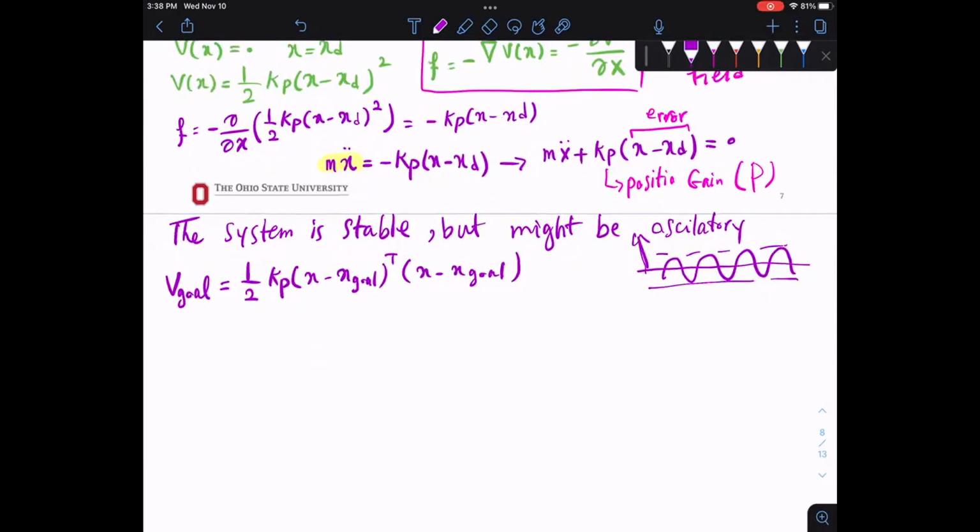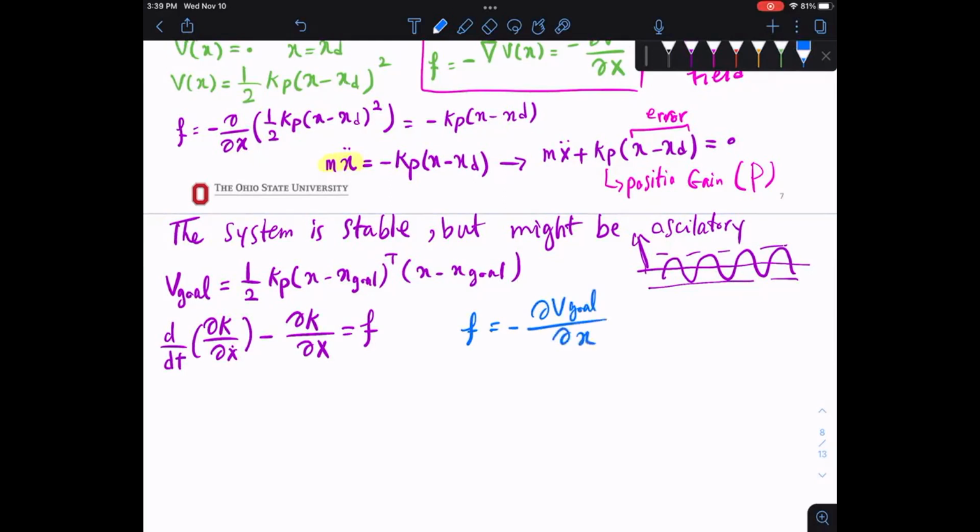So we can write the dynamic of our system using the Lagrangian, right? I'm just going to write that. d dt of partial of K with respect to x dot, because that's my only variable, minus partial of K with respect to x is going to be F. This is my force, the internal force. Our F is the gradient of V goal, V of x.